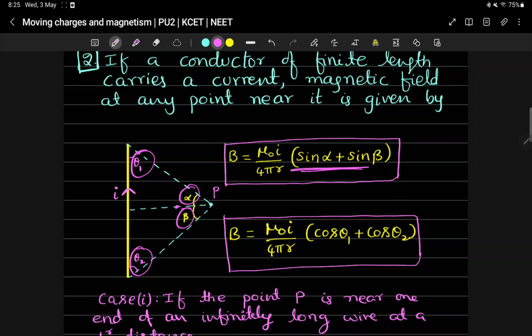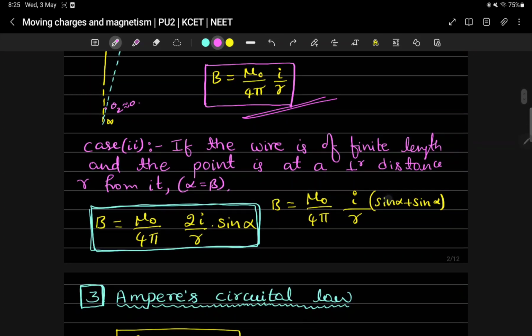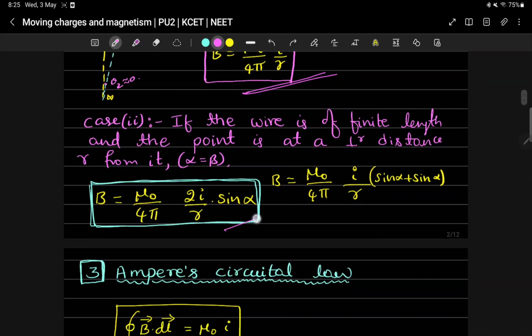So you can write 2 times alpha or 2 times beta, right? Or 2 times theta 1 and 2 times theta 2, like that. So you will get this: 2 mu naught I divided by 4 pi r into 2 sin theta.